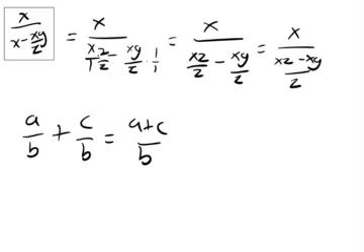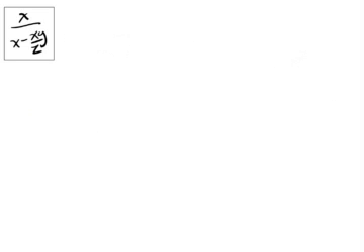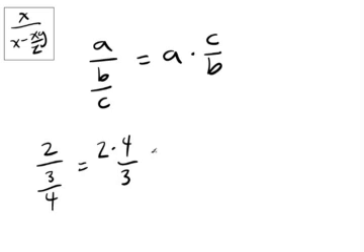Now we need to take a look at another rule. If you have the values a over b over c, it's the same as saying a times c over b. In other words, 2 divided by 3 divided by 4 is the same as 2 times 4 over 3.